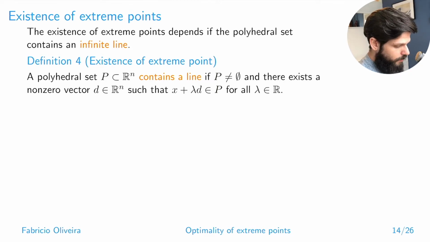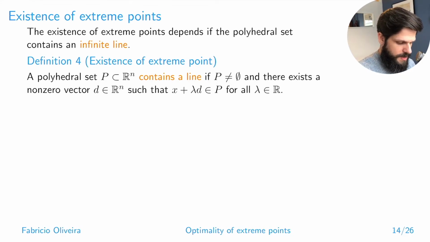So we say that the polyhedral set P contains a line if it's not an empty set, and if there exists a non-zero vector d such that no matter how far you go in that direction d, you're still within the set P. So basically it means that you have this infinite line that you can carry on going on forever without leaving the set P. So that's the notion of containing a line. So Rn contains a line by definition.